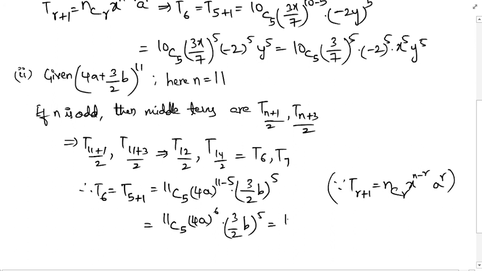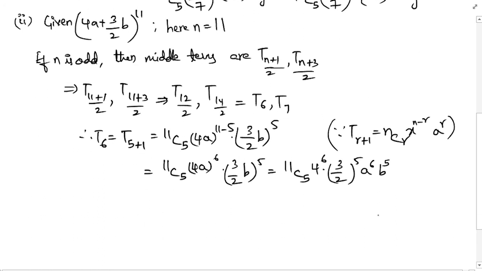So that is equal to 11C5 4^6 into (3/2)^5 a^6 b^5.